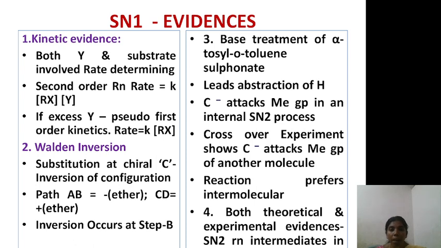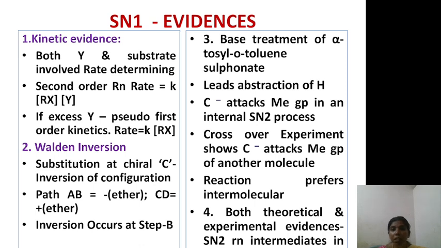So path A and B carry a negative and a positive side. So both sides will appear on this molecule. So this is one form of inversion of configuration. So two types of inversion occur here.